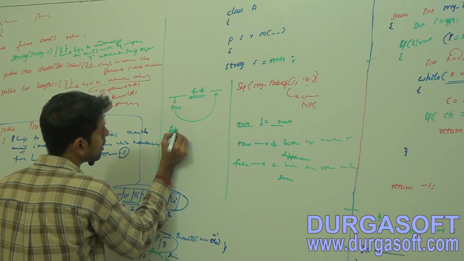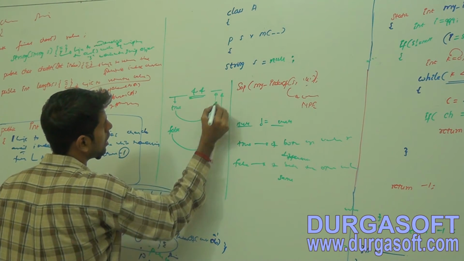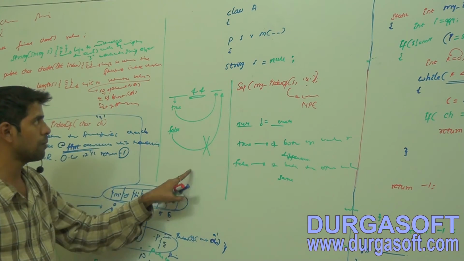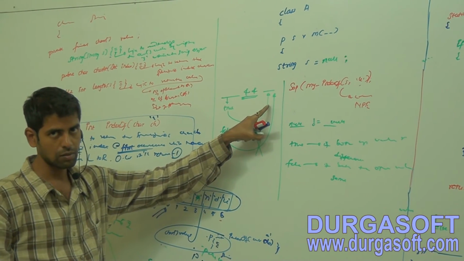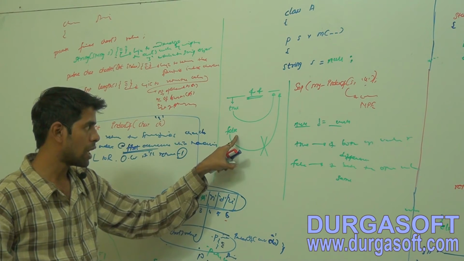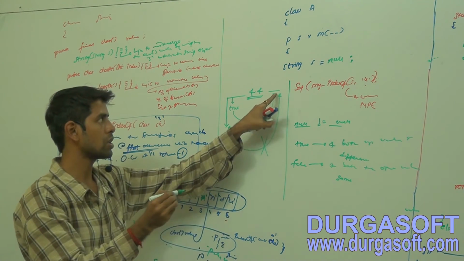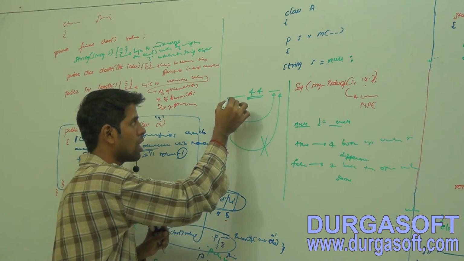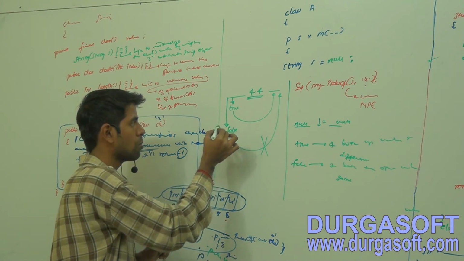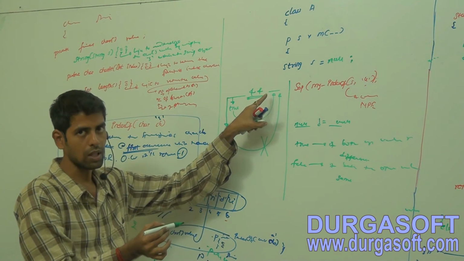If this operand value is false, it will not execute the next operand. If the first operand is true, it will execute that operand.